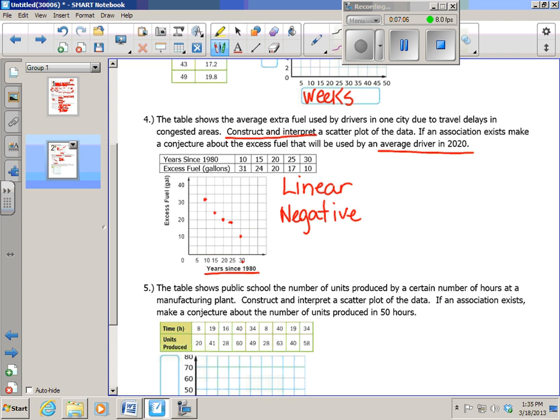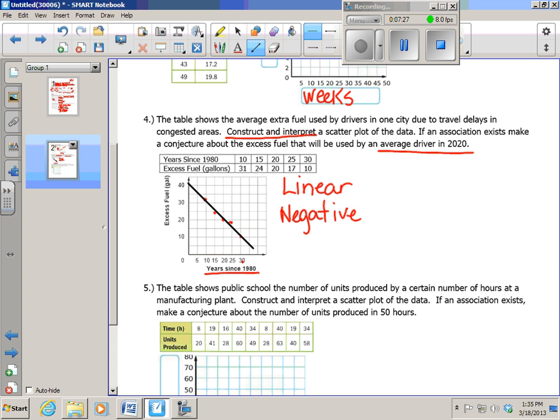And there are no clusters and there are no outliers. And so here's the best way to determine where we would be at 2020 is to draw this line that we're going to get in more to in the next set of notes.